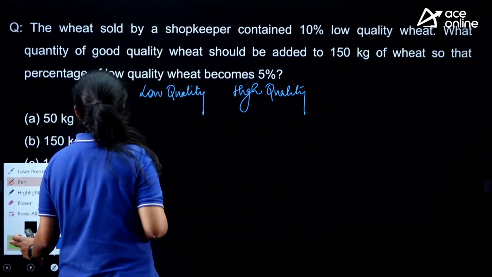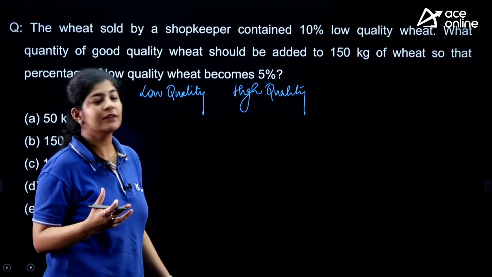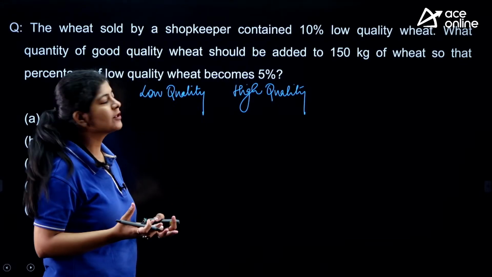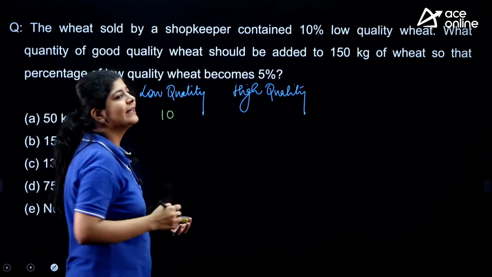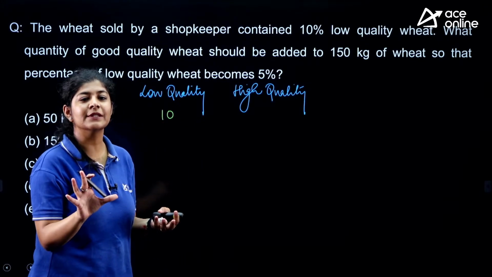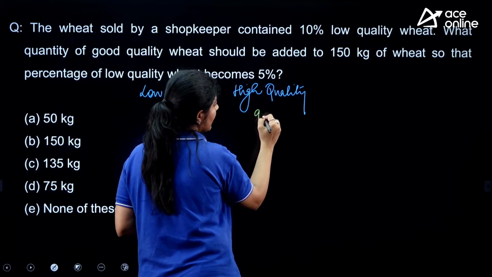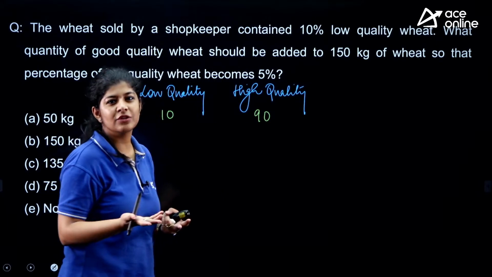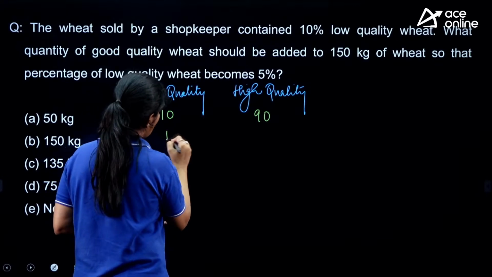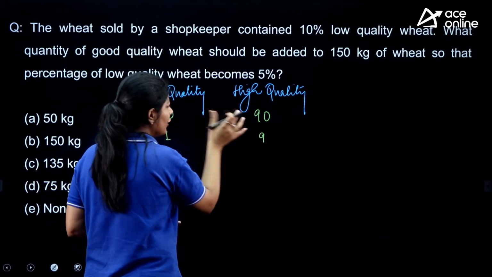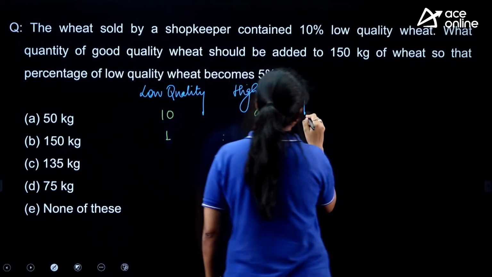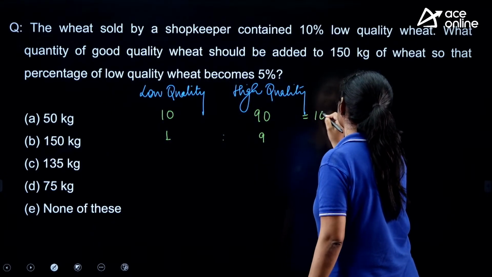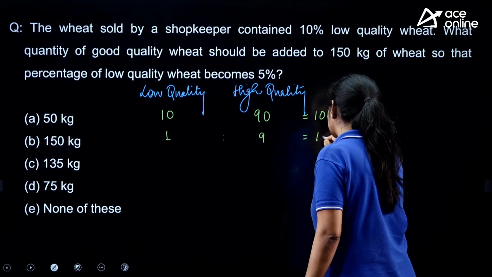So the question is saying that initially the shopkeeper is adding 10% of low quality wheat to 90% of high quality, right? So the ratio that I can write over here is 1:9, or you can put it like 10 and 90, right? So the total quantity that we are having is 100, or here you can write it as 10.